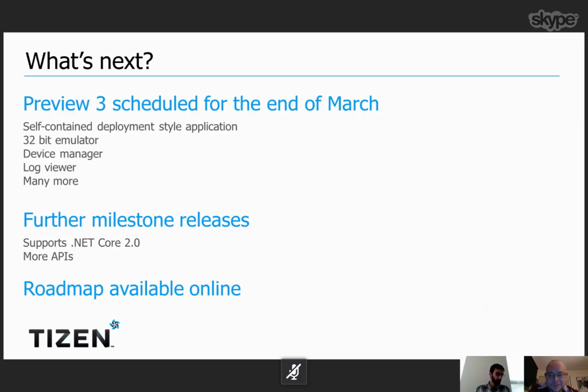And then looking further beyond Preview 3, we have some major further milestone releases scheduled. So there are 2 coming up this year very soon, and these are big releases for us, and they're scheduled for currently May 2017 and October 2017.